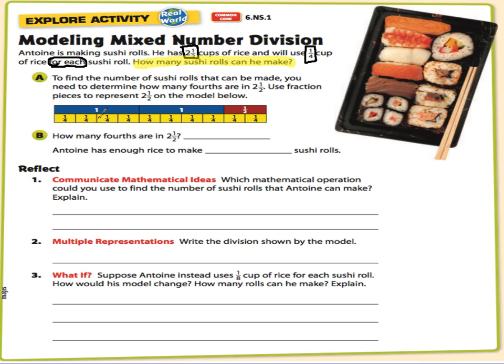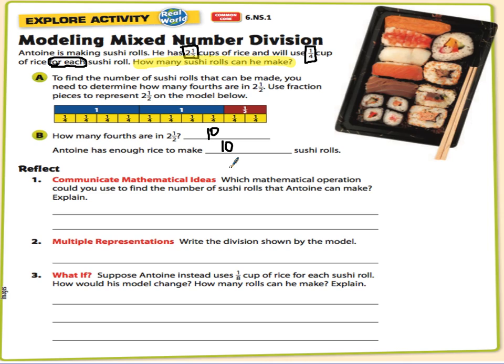In 1 cup there are 4 fourths, in the other cup there are 4 fourths, and in half a cup there should be 2 fourths. So when I look at how many fourths are in 2.5, I can just count: 1, 2, 3, 4, and 1, 5, 6, 7, 8, and 2, 9, 10. So Antoinette would have enough to make 10 sushi rolls.